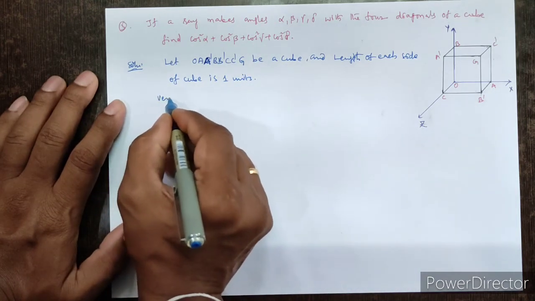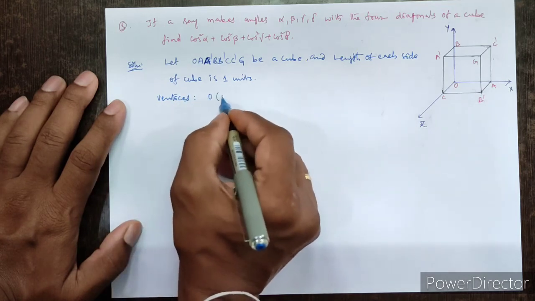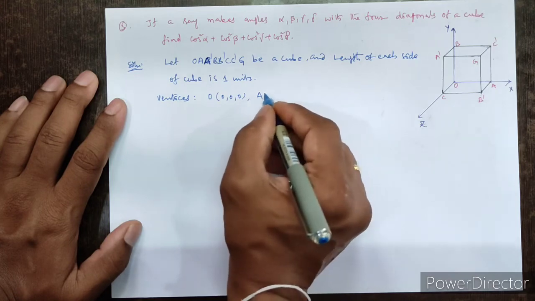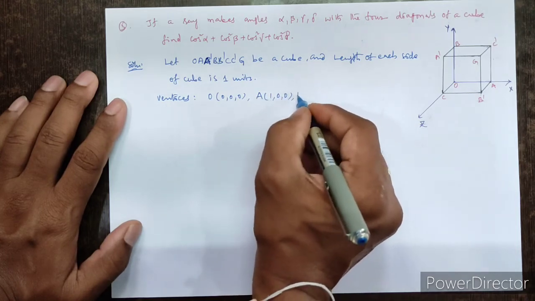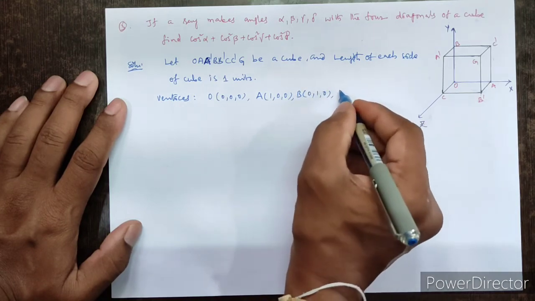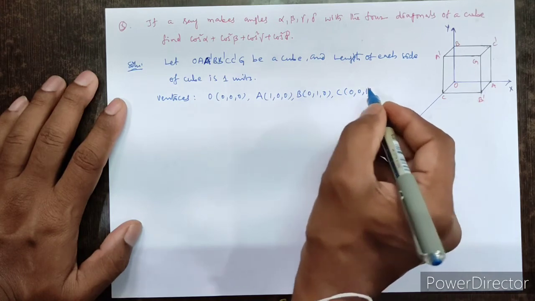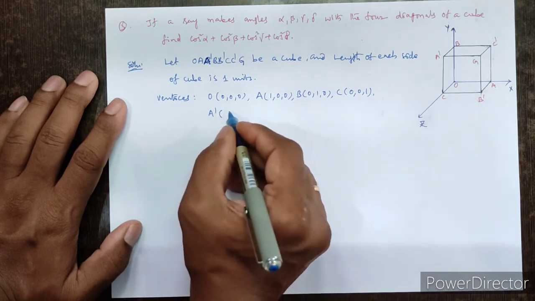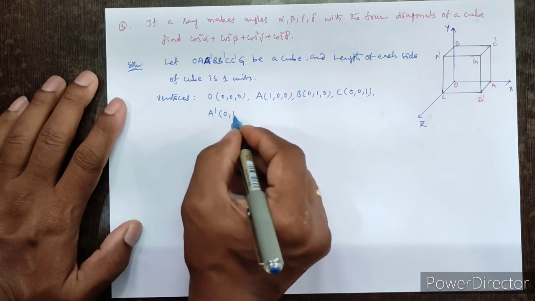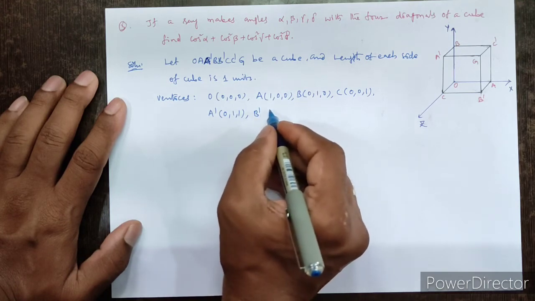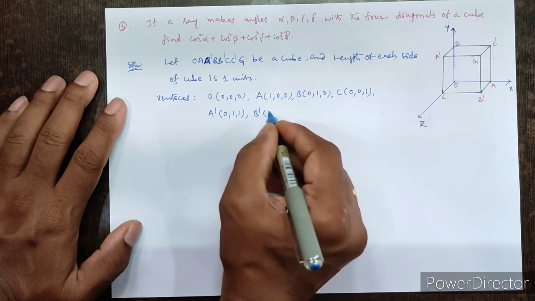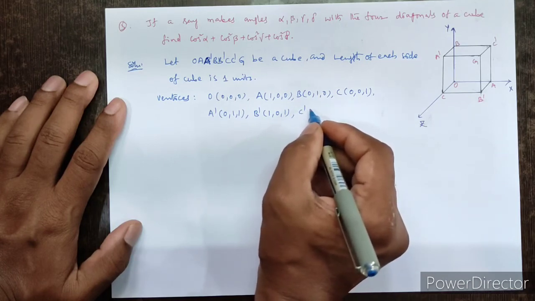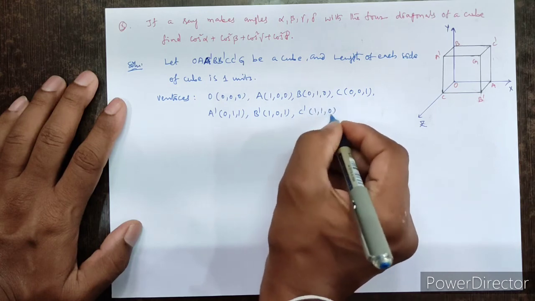So therefore the vertices are: origin is nothing but 0 comma 0 comma 0, and A is on the x-axis, therefore 1 comma 0 comma 0, and B is on the y-axis, 0 comma 1 comma 0, C is on the z-axis, so 0 comma 0 comma 1, and A dash is on the zy plane, so the x coordinate is 0, 1 comma 1, and B dash is in the xz plane, therefore y equal to 0, so 1 comma 0 comma 1, and C dash is in the xy plane, so that is 1 comma 1 comma 0, the z coordinate is 0.